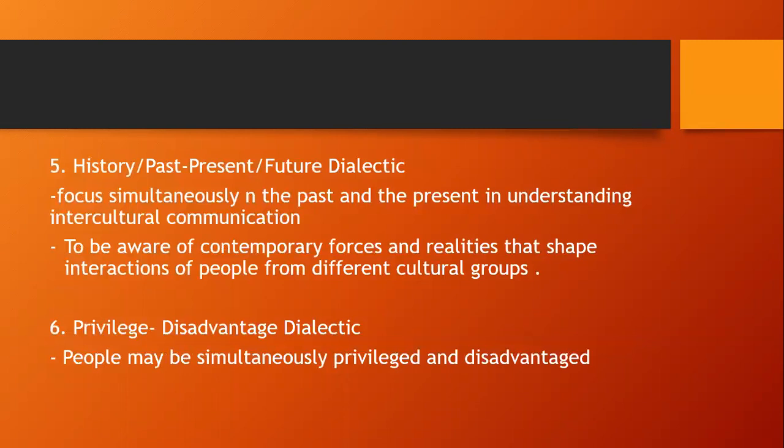The fifth one is the history, past, present, future dialectic, which focuses simultaneously on the past and present in understanding intercultural communication. And the sixth one is the privilege-disadvantage dialectic, whereby people may be simultaneously privileged and disadvantaged.